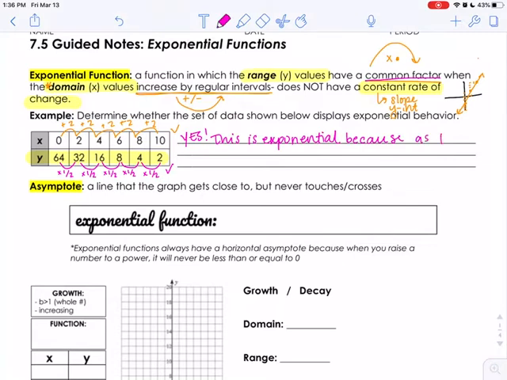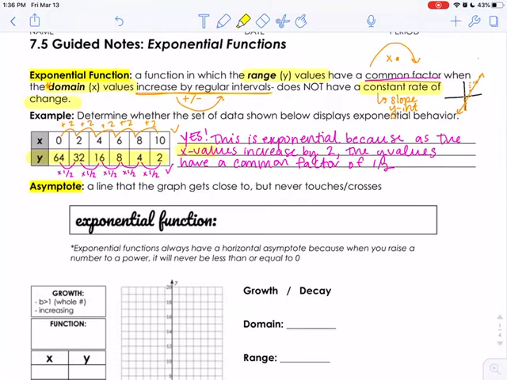This is exponential because as the x values increase by 2, the y values have a common factor of 1/2. That means we're multiplying by 1/2 to get from y to y.